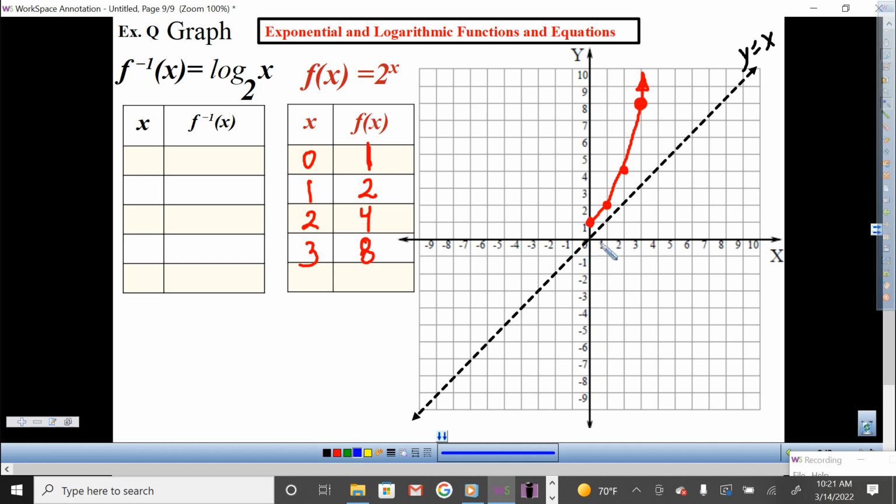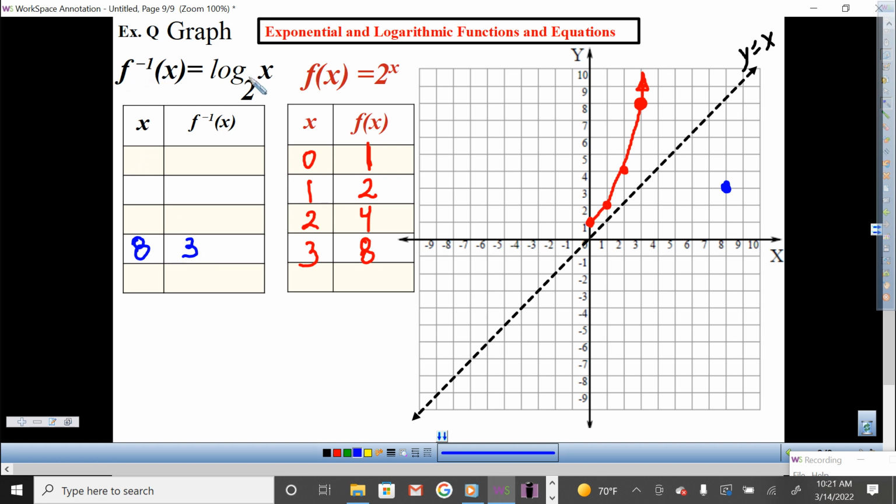If this is 3, 8, its inverse is 8, 3. You guys see it? If this is a mirror, same distance here, same distance there. All right, so what is this point? 8, 3. I'm going to write it here. Now let me show you with algebra how to get there.